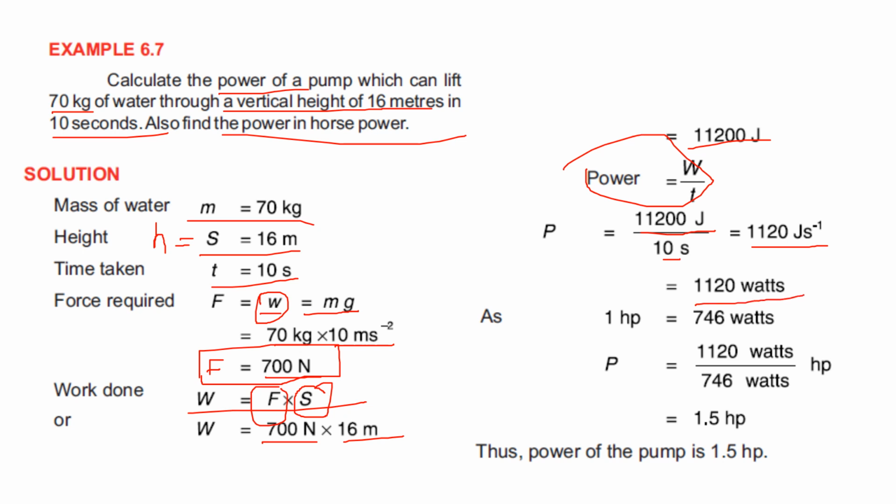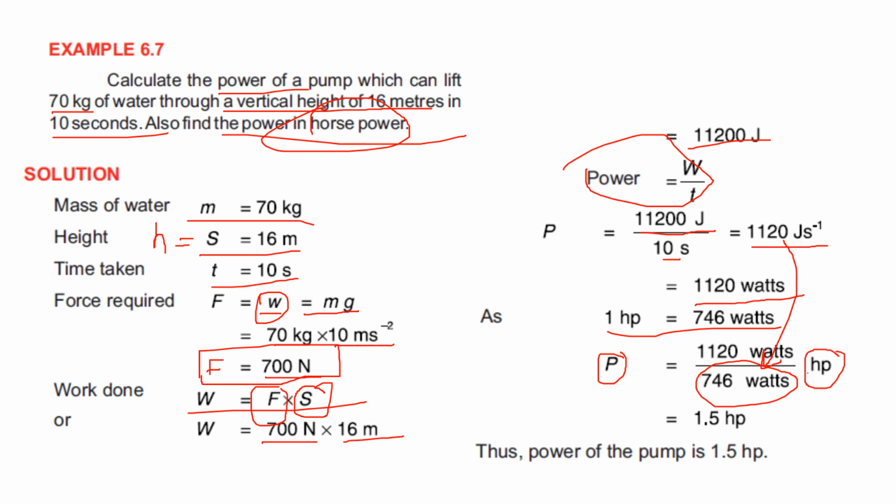Which is equal to 1120 watts. So now we have to find out the power in horsepower. We know that 1 horsepower is equal to 746 watt. So we just use this value, 1120 watt, and divide it by horsepower and multiply it with horsepower.